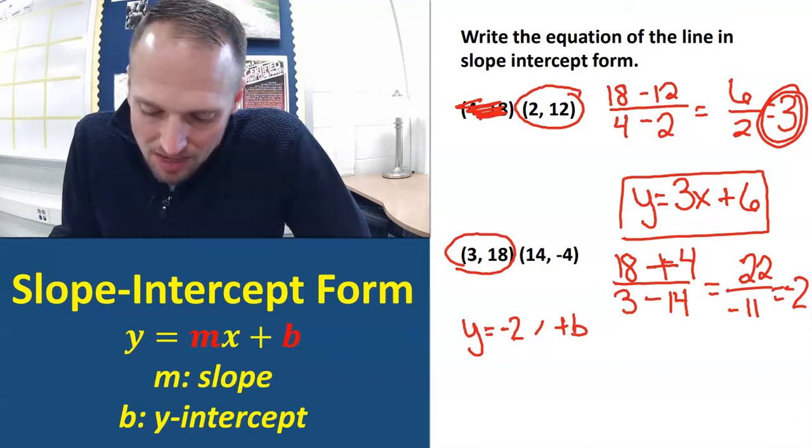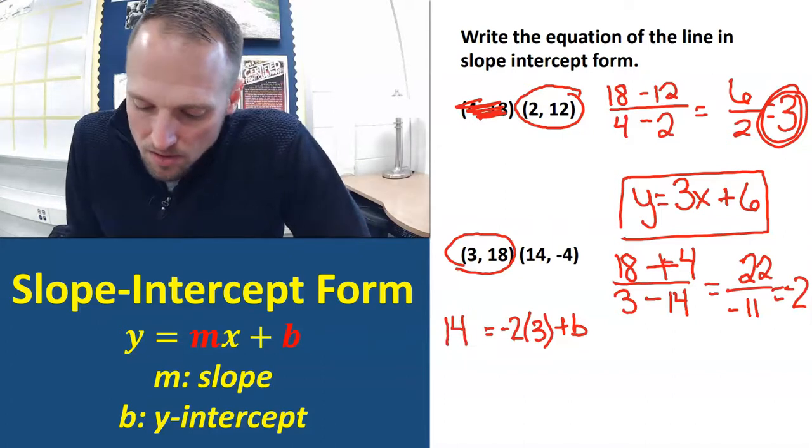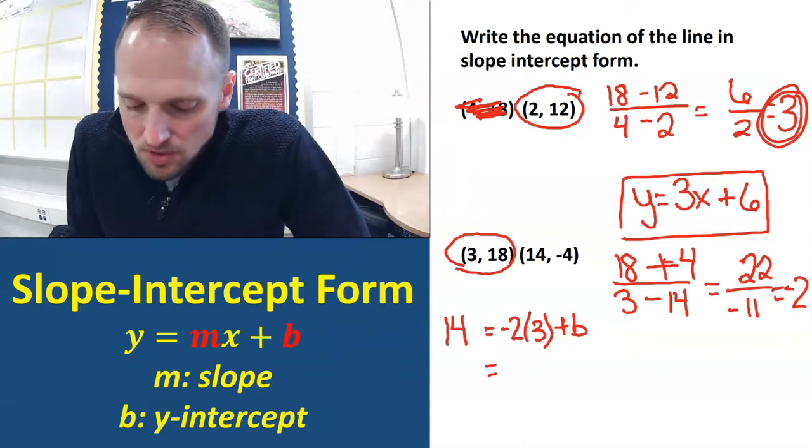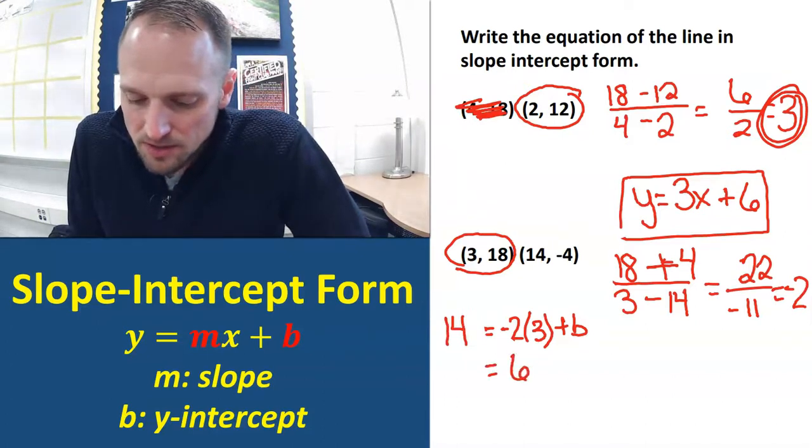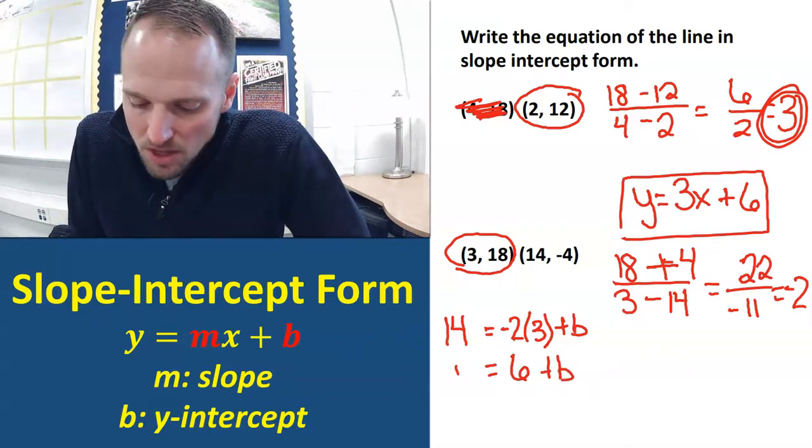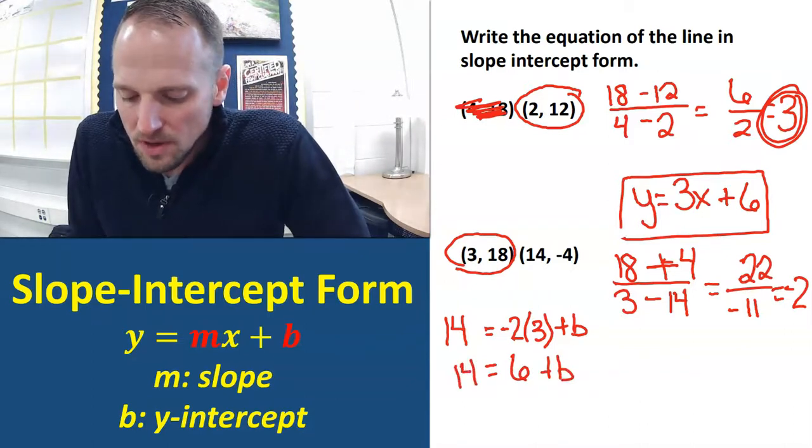So my x is 3, and my y is 14. Okay, so let's simplify this. Negative 2 times 3 is going to be negative 6, plus b equals 14. Subtract the 6 over, and we're going to get 8 equals b.